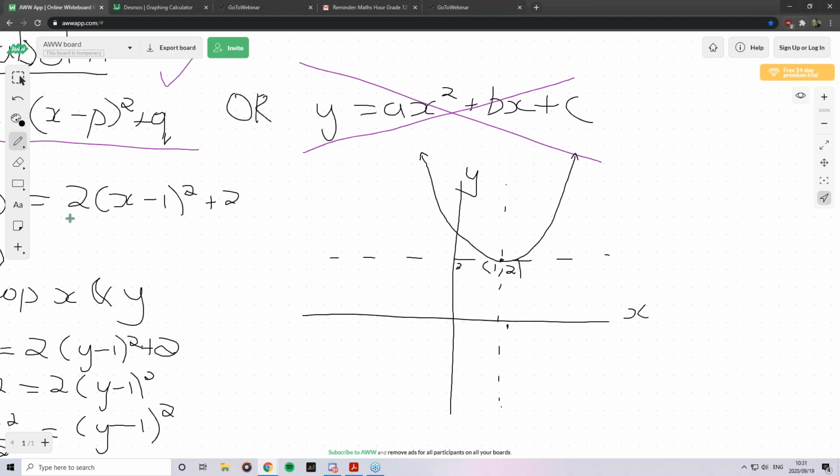Drawing our line y is equal to x, like this. Y equals x. And then saying, if the x coordinate of the turning point is 1, what is the y coordinate of the turning point of my other one? It's going to be 1, because they swap.